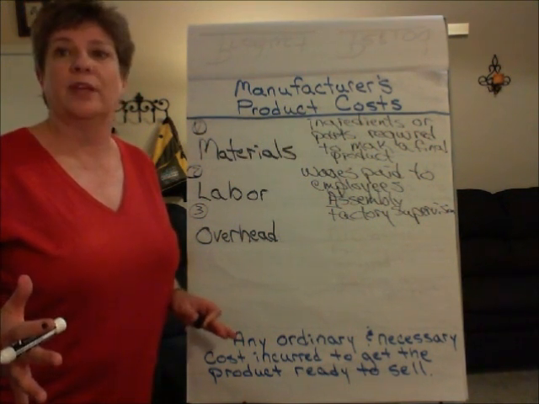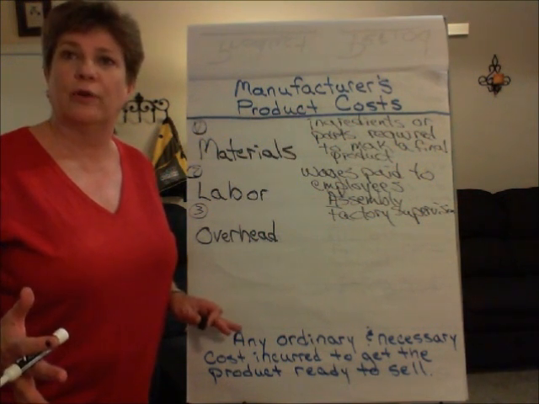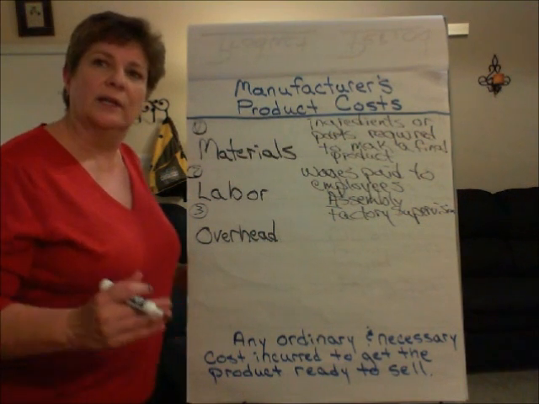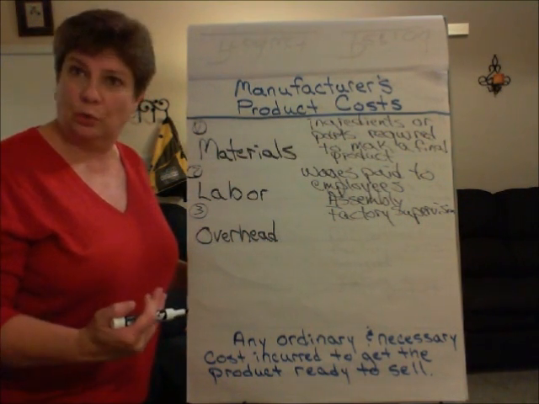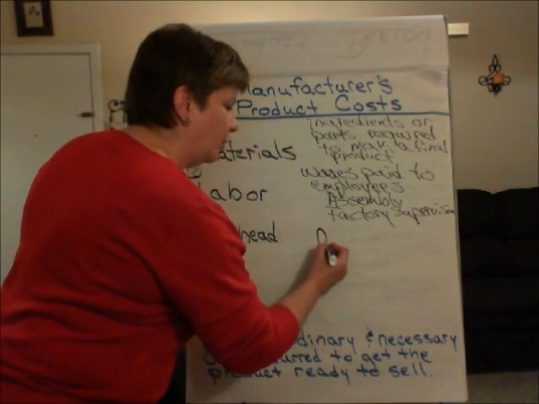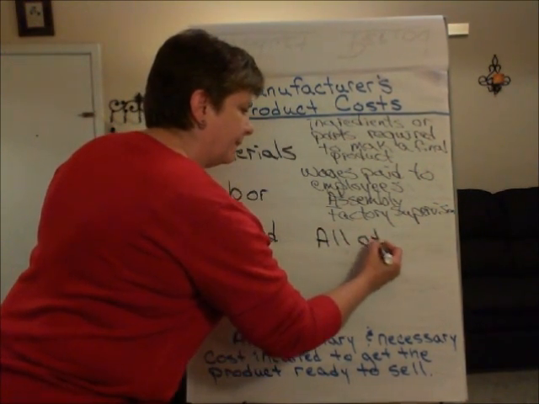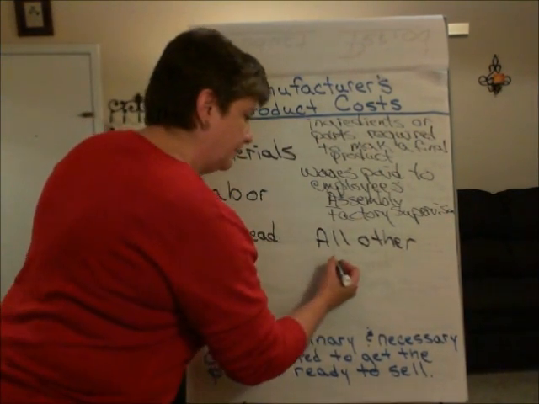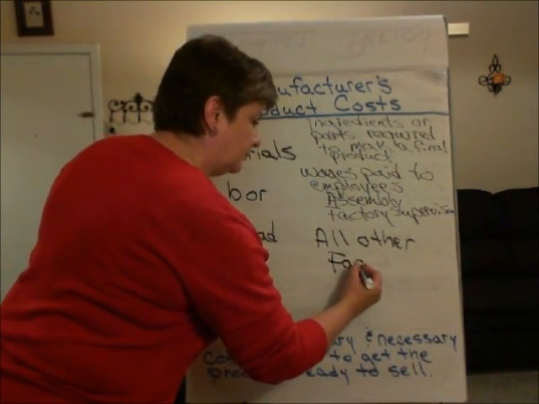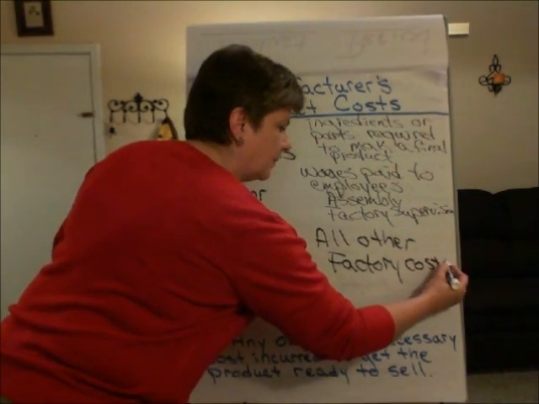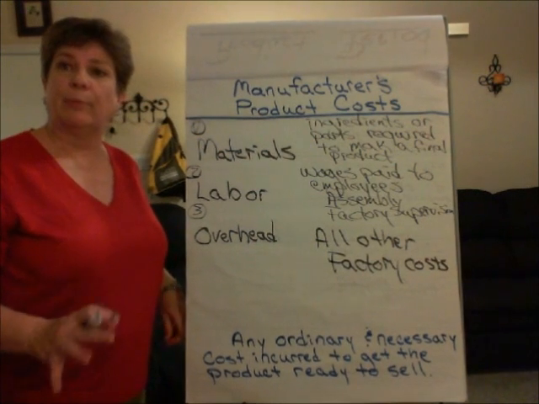Those types of things fall into the category of overhead. For a manufacturer, overhead is a little narrower than general business overhead. Overhead includes all other factory costs incurred in making that product.